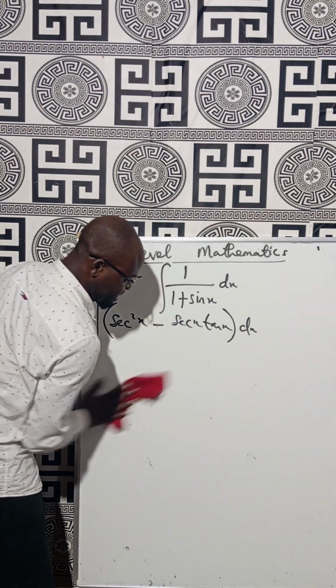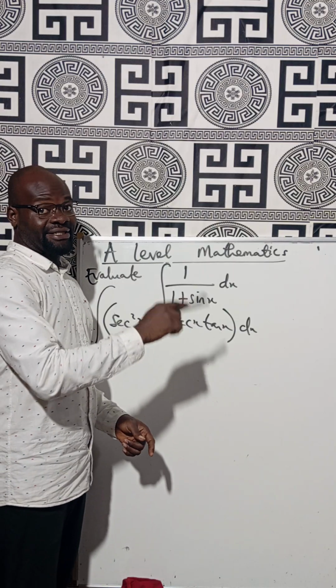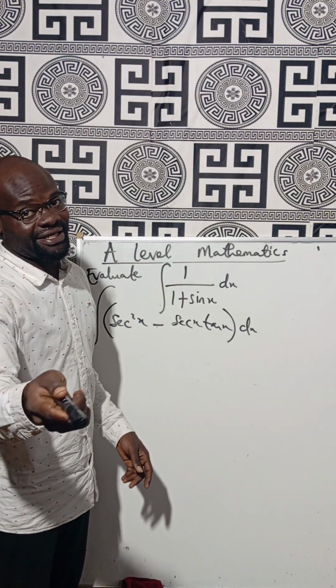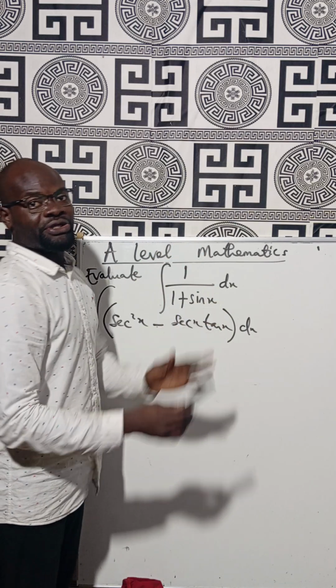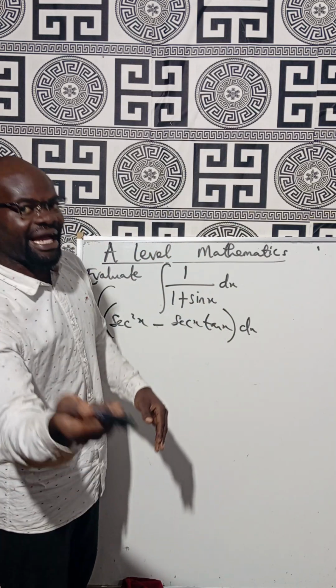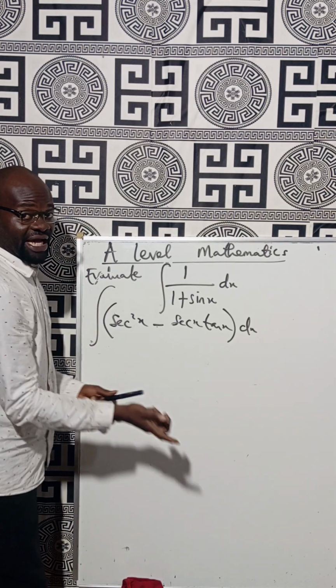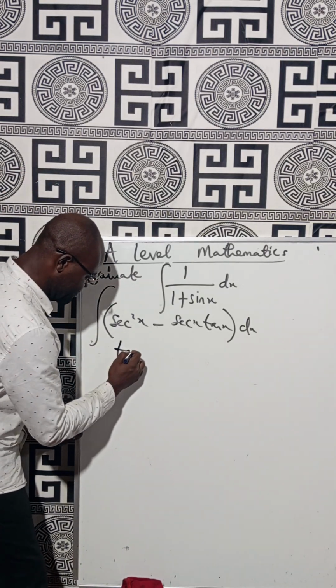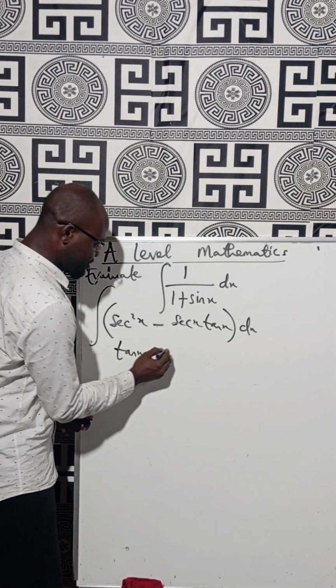From standard integrals, don't forget, if you differentiate tan x, you will get sec square x. Differentiation and integration are inverse. So if you now integrate sec square x, then you get tan x again. Tan x, don't forget plus a constant. Now minus.